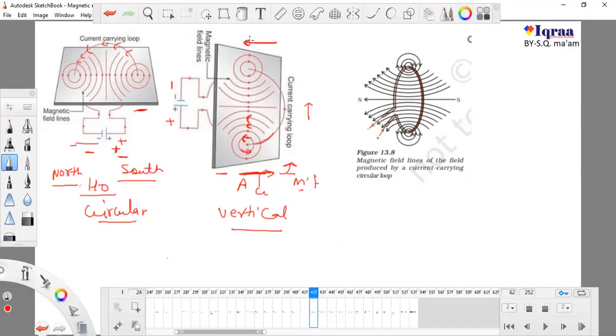In this case the direction of current is like this, and the direction of the magnetic field line is here. This is the direction of current and this is the magnetic field lines, and here too.